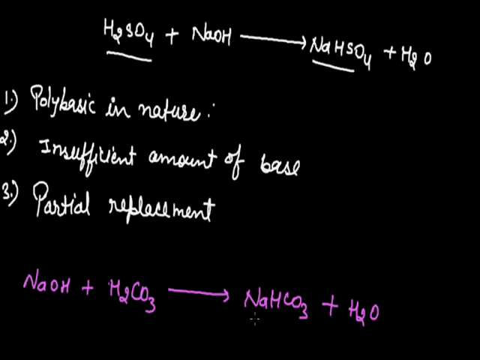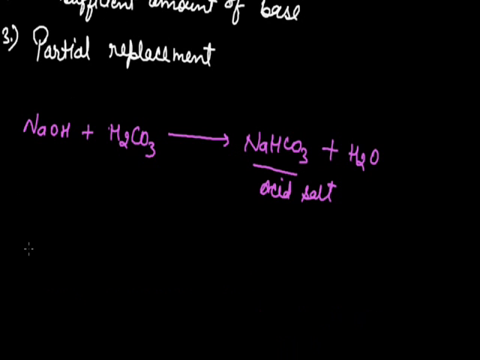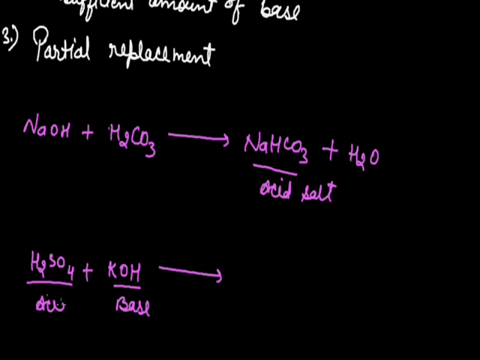And in this NaHCO3, that is sodium bicarbonate, replaceable H plus ion is present. So we can say that sodium bicarbonate is acid salt. Next example is sulfuric acid plus KOH. Here we can say that base is potassium hydroxide and acid is sulfuric acid, which is dibasic in nature. So the formation of KHSO4 takes place.